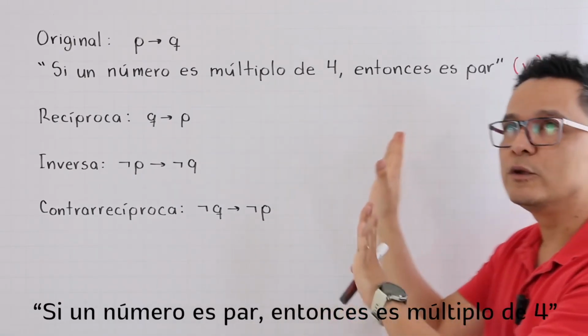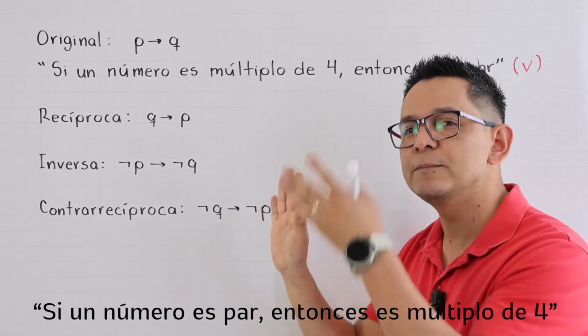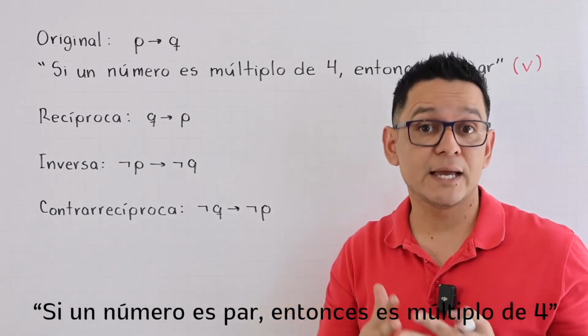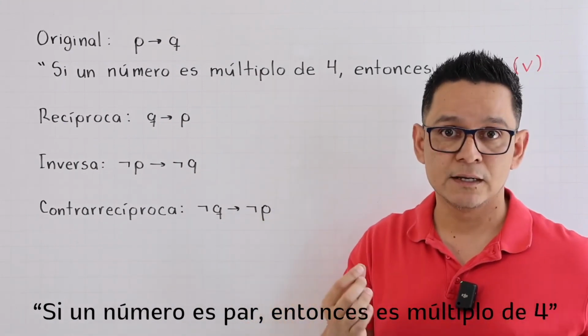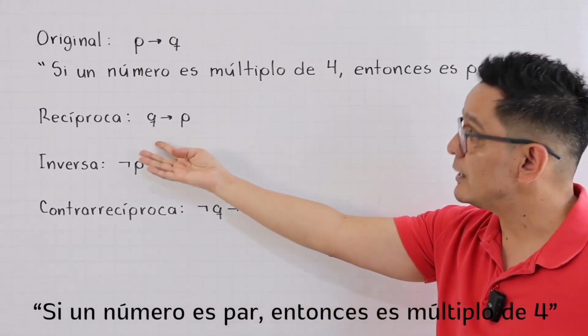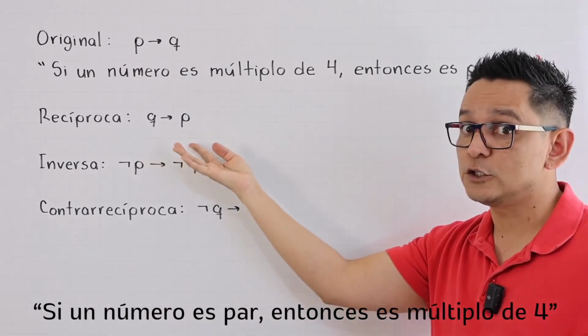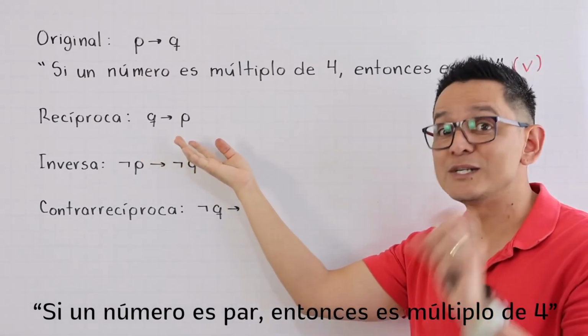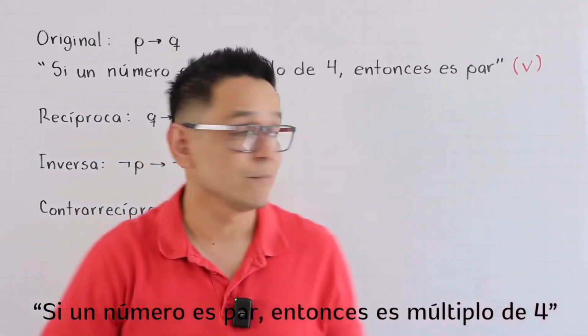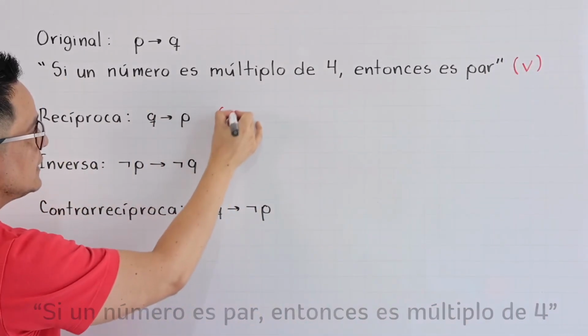Careful, if a number is even, then it is a multiple of 4. This proposition is false because, for example, the number 6 is even, but it is not a multiple of 4. Therefore, since 6 does not satisfy it, this proposition is false. So let's put an F here right away.